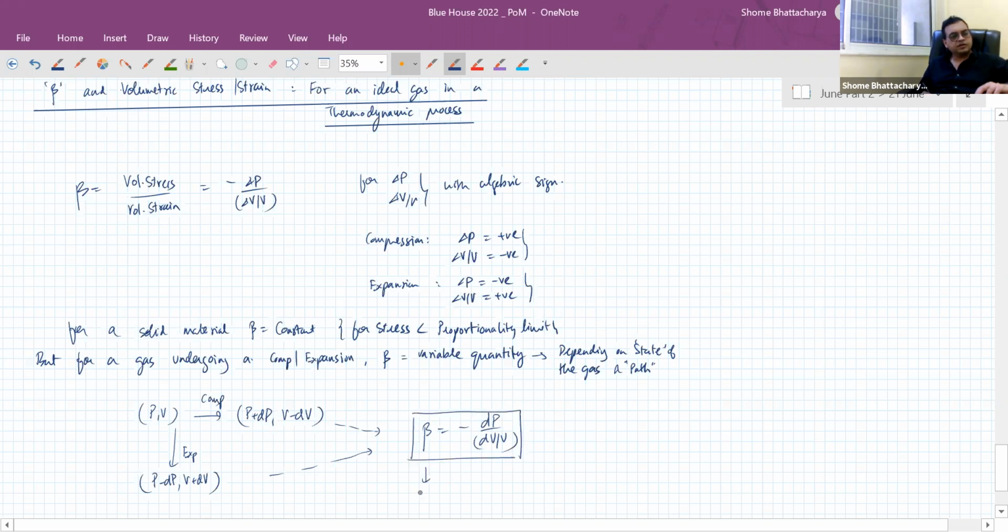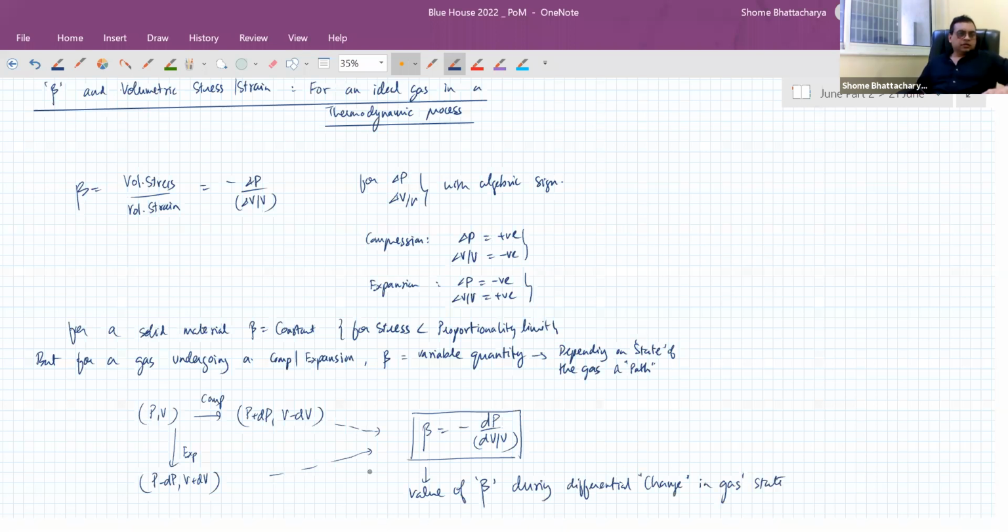So this is the value of the Bulk's modulus during the differential change in state in the gaseous state. And we will see how this actually depends on the path that the gas is taking to go from state P, V to some differential change in pressure and differential change in volume.